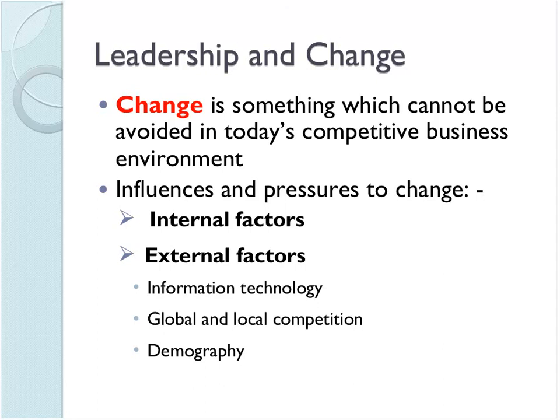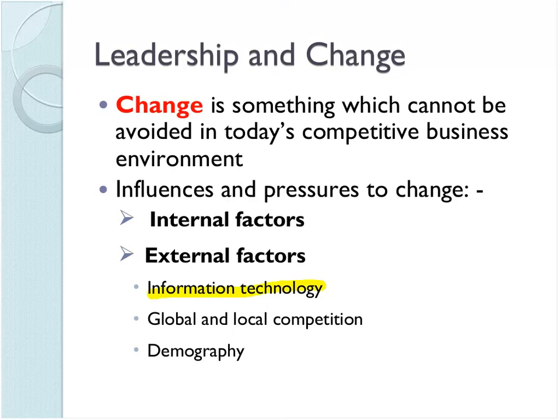I think you remember we have talked about the changes in organizations, why they happen. Because we have influences from internal factors as well as external factors. Examples of external factors: information technology changes in the world affect your company.